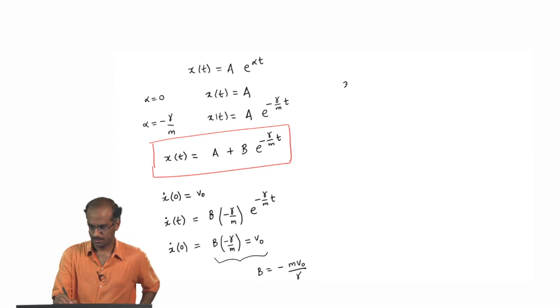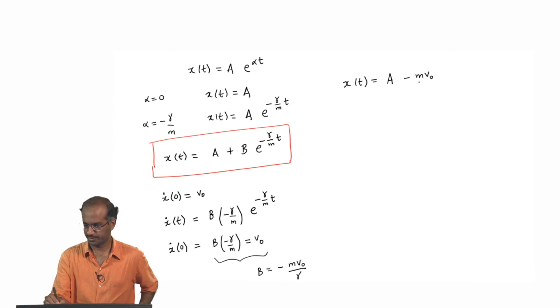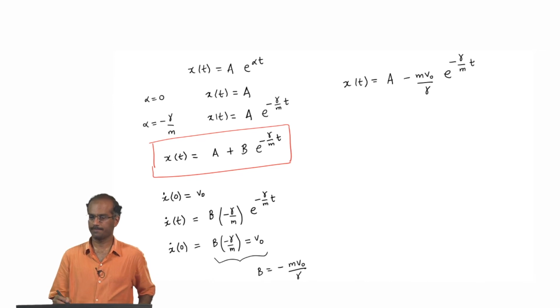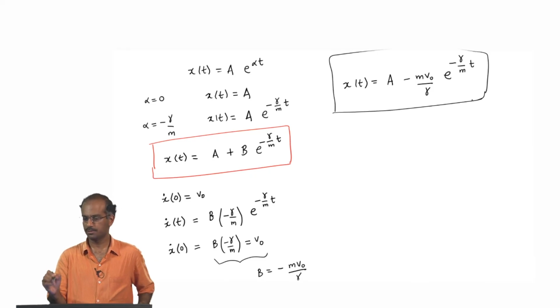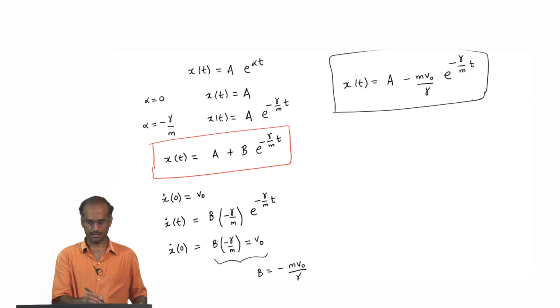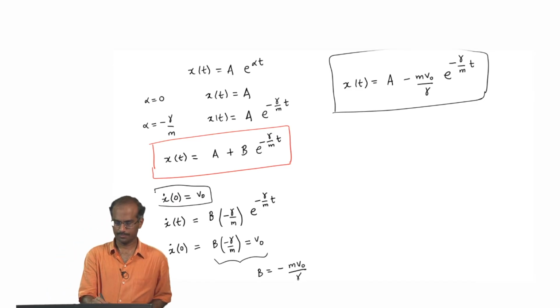Hence, my solution would be a minus m v 0 by gamma into e power minus gamma by m t. So, this is a solution which incorporates one of the initial conditions, which is this.